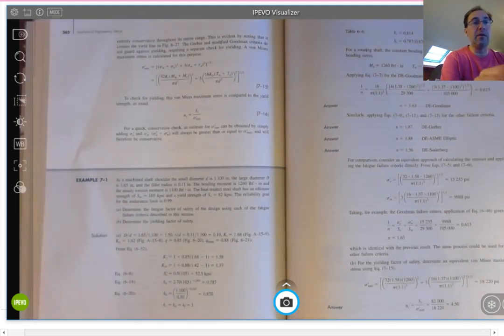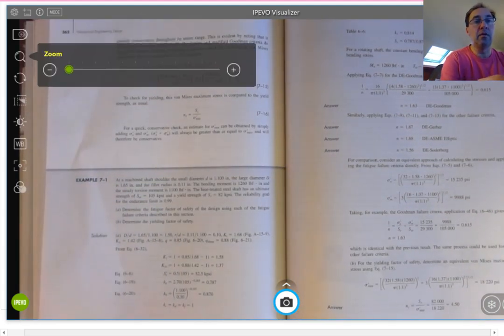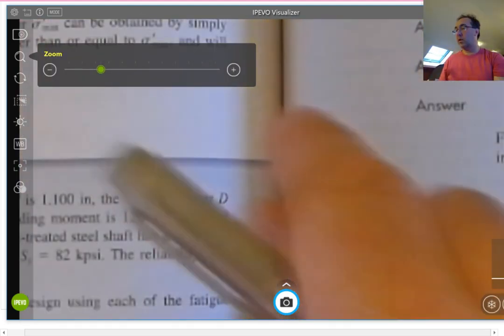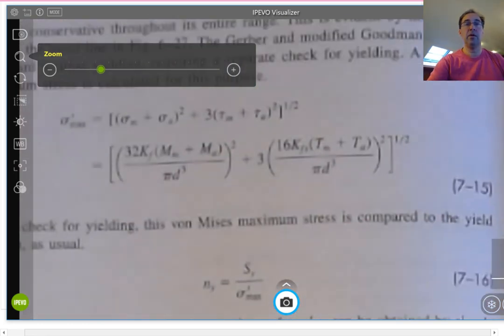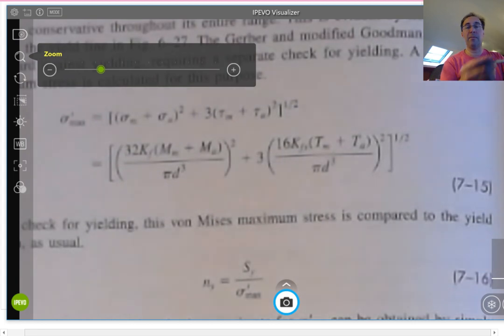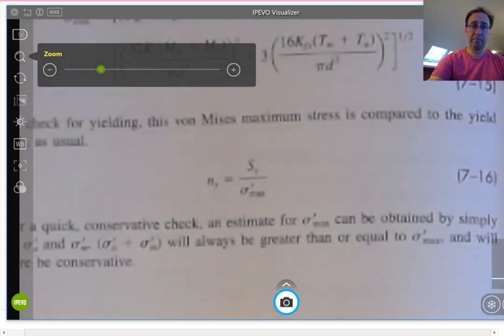Let me zoom in on that a little bit. Super fancy guy here. And here we have sigma max prime. I know it's not that clear because the camera's actually kind of far away, but this sigma max prime in 7-15 needs to be less than your yield strength, obviously, but then you can calculate your factor of safety in 7-16.